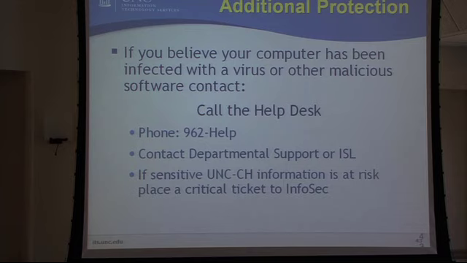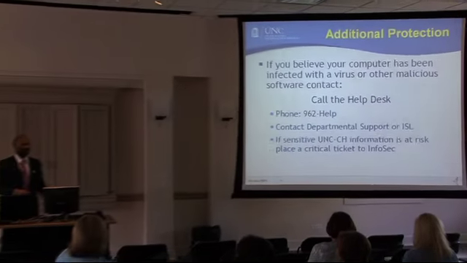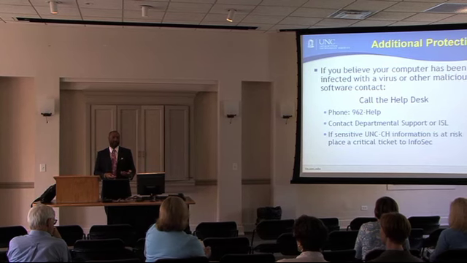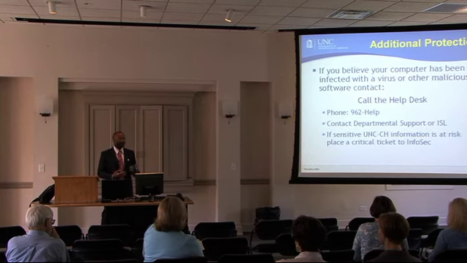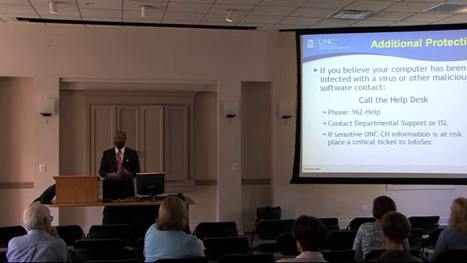If you believe that sensitive information is at risk, make it critical. Gets us out of bed, makes us put the coffee cup down, makes us stop doing the other things that we were doing, and contact you immediately. And it definitely helps. The quicker we can get involved in a security risk on campus, the faster we can resolve it. And hopefully we can resolve it without any compromise to university sensitive data.